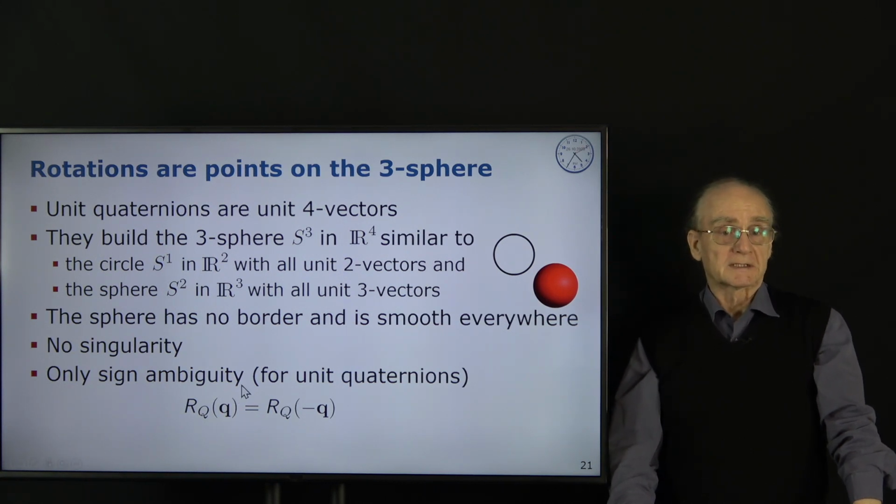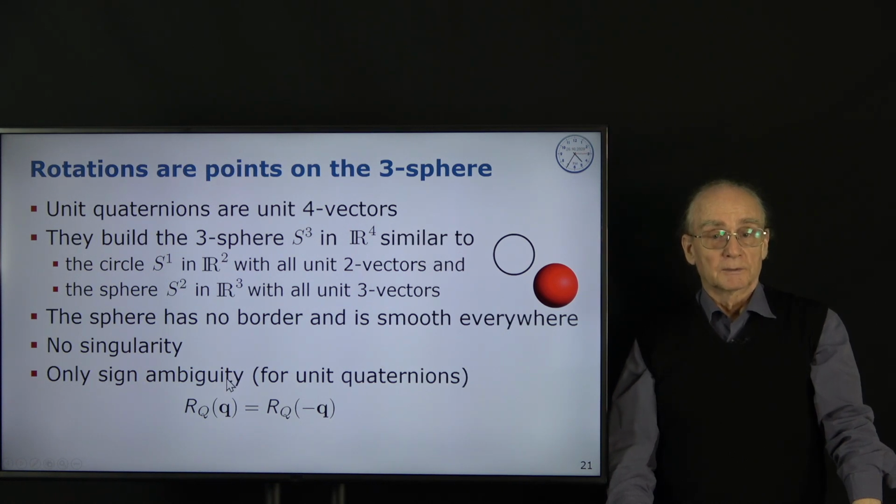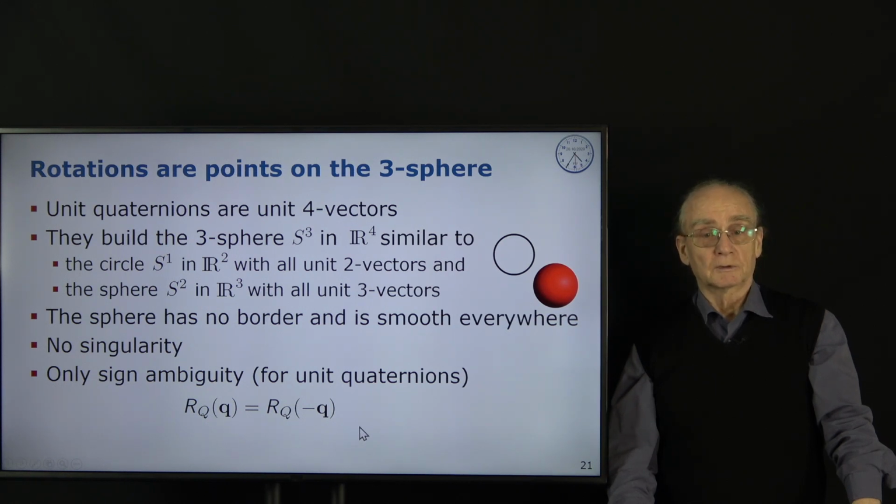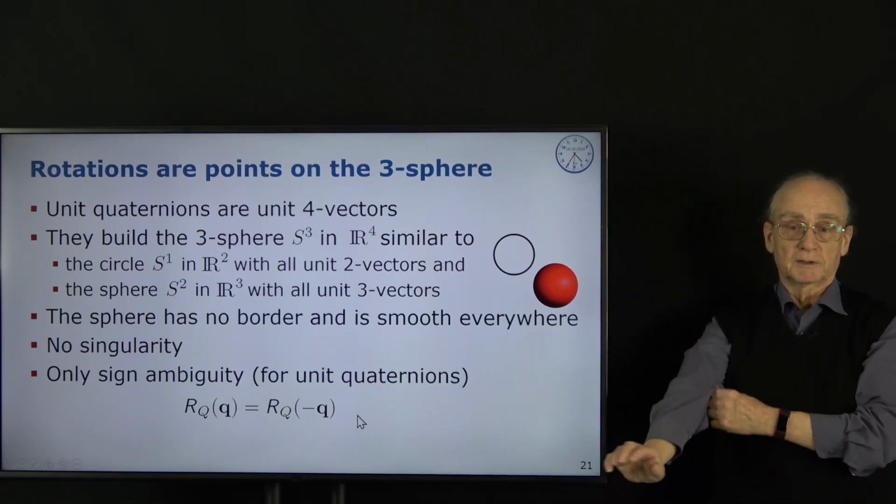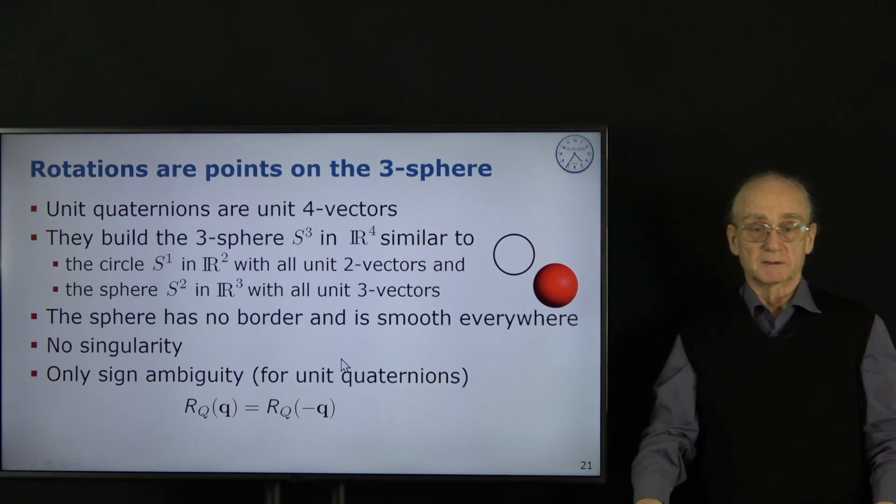The only thing which is left is that we have a sign ambiguity. We said for arbitrary mu, you can multiply q with that factor. And of course, if it is a unit quaternion, you can only change the sign. So this is the only ambiguity for unit quaternions which we have to take into account if we estimate quaternions.